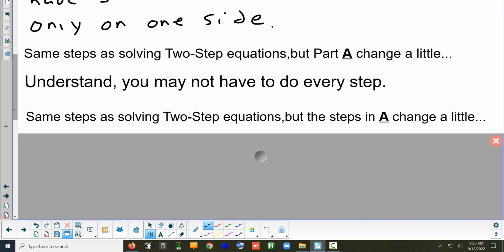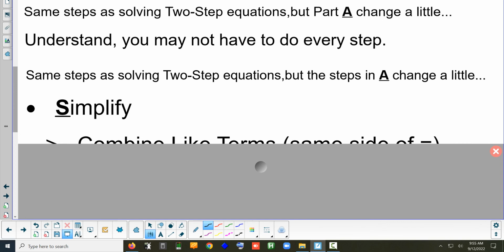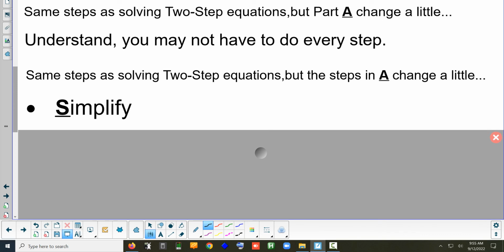How about Joe? Do you remember? Sam. Yeah, Sam. Very good. So, Sam, what's the S stand for in Sam? Yep. Simplify. So, under simplify, there's 2 things we need to do. Now, there's no spot on the guided notes to write this, because everybody that got guided notes on Thursday last week already wrote this down.